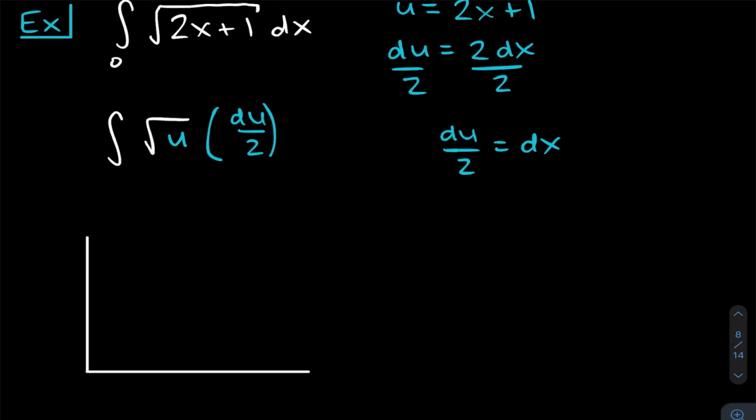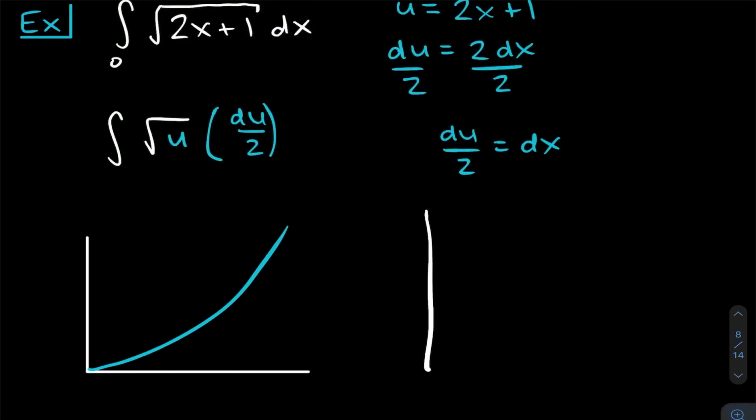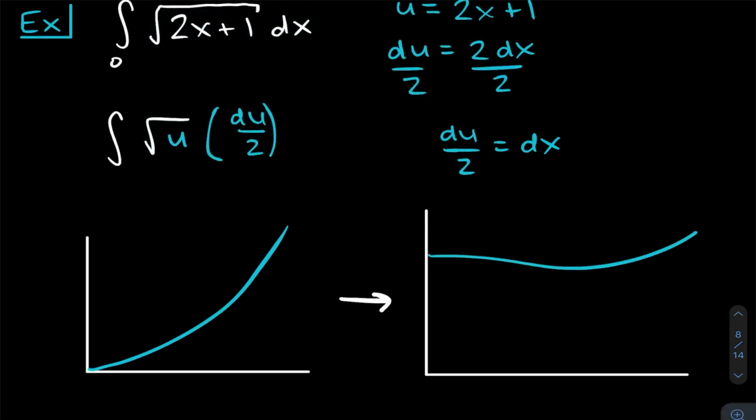Let me just show you what I'm talking about here. If we have something like this, I'm just drawing two random curves here. With a u-substitution, maybe we're making it look like, I don't know, like this, right? Let's say that it just ends up being that way. And for a definite integral, you're trying to find the area under a specific portion of the curve.